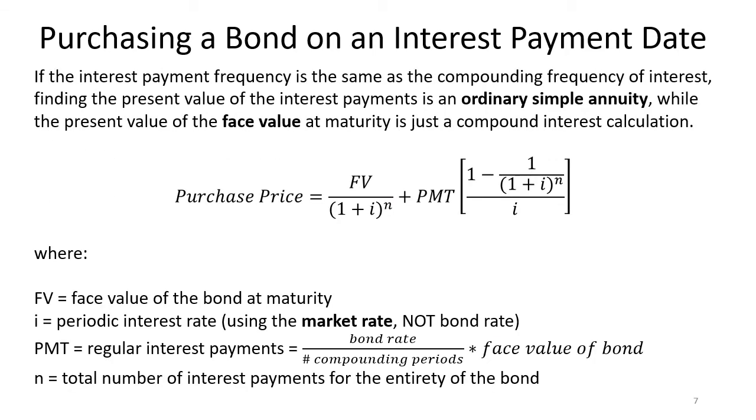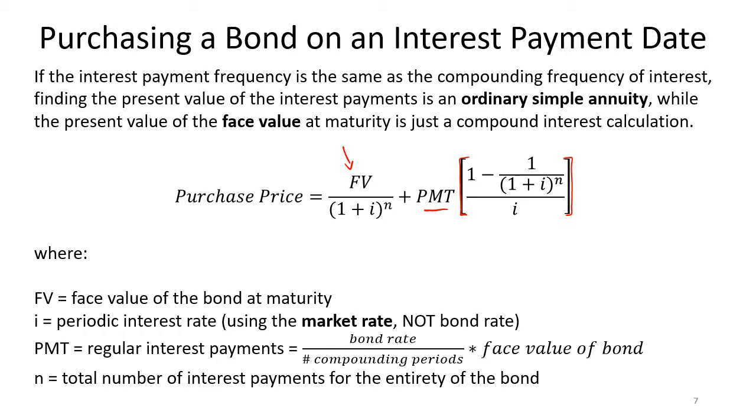So combining those two, it means that the purchase value is equal to your face value, okay, FV, similar to future value because it is in the future, divided by 1 plus the periodic interest rate to the exponent of n. That's just a basic compound interest formula, plus the payment, okay, times this formula in brackets, which in other words is the present value of an ordinary simple annuity.